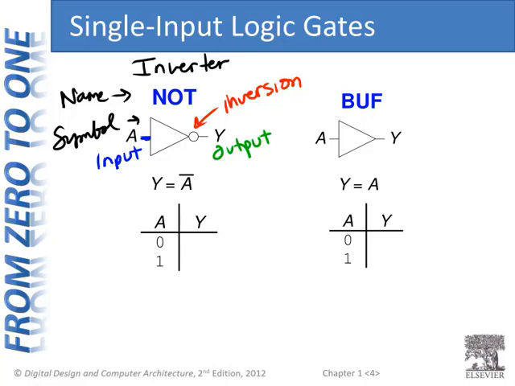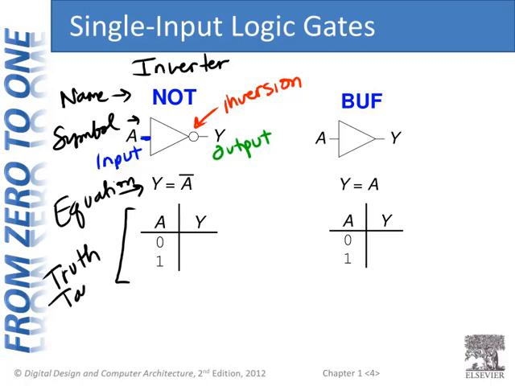So we also have an equation, and this equation is read Y equals NOT A, or Y equals A bar. And finally, we have a truth table to indicate the function of the gate.